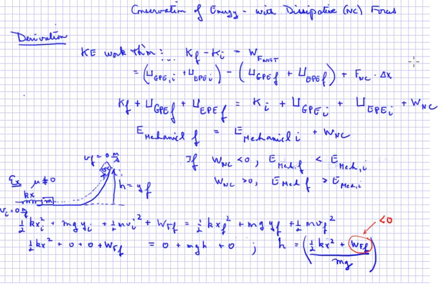So now let's consider the conservation of energy with dissipative non-conservative forces. That's what the NC stands for, non-conservative. The kinetic work-energy theorem still applies whether the forces are conservative or not. And so we still have that the change in kinetic energy, Kf minus Ki, is equal to the work done by the net forces.